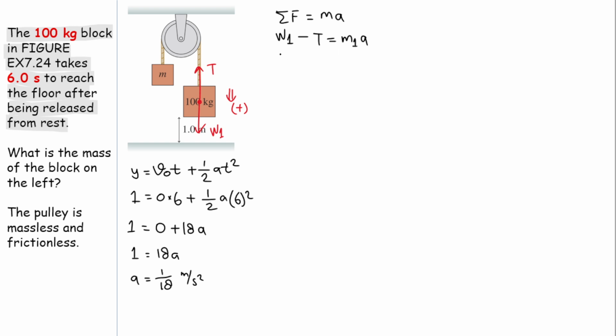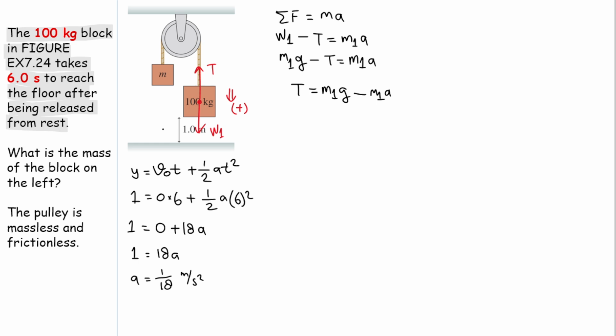But weight number 1 here is m1 multiplied by g, so I have m1 g minus T equal to m1 a. Or we can isolate T here, the only unknown: T is equal to m1 g minus m1 a.